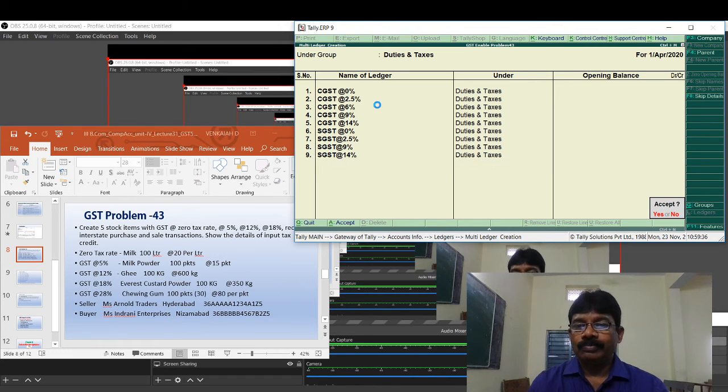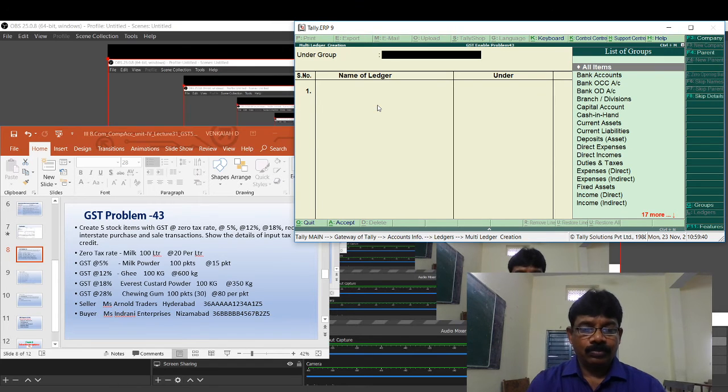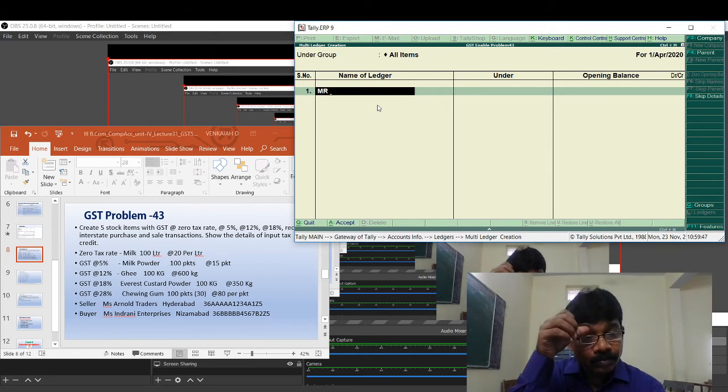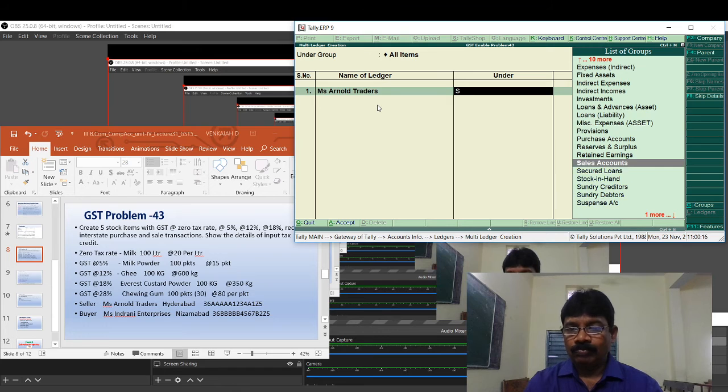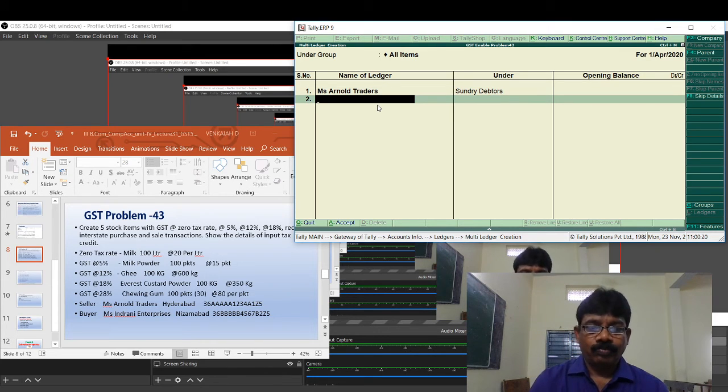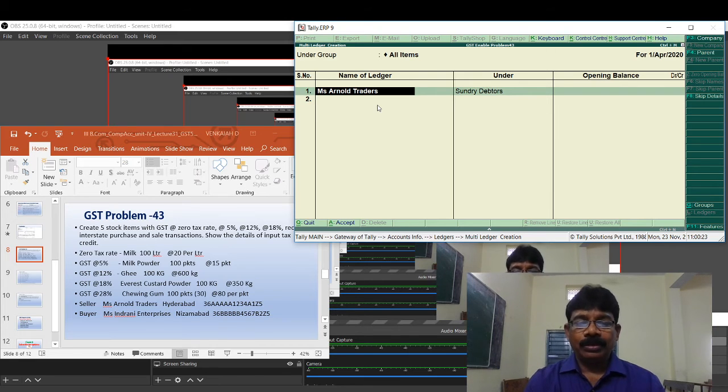Right. Now we'll create all items, assets, sundry debtors. We just have to create Indrani Enterprises because Arnold is ourselves.